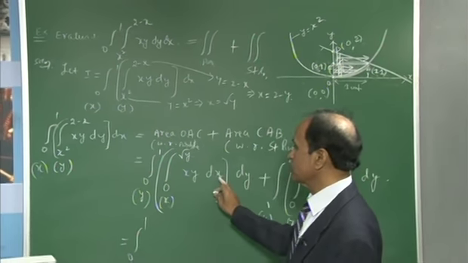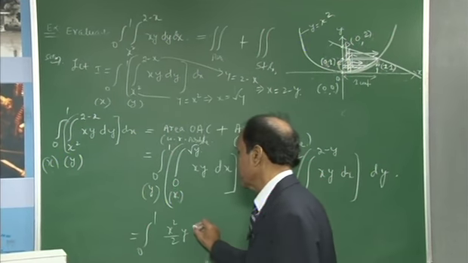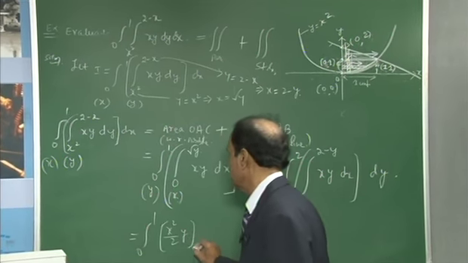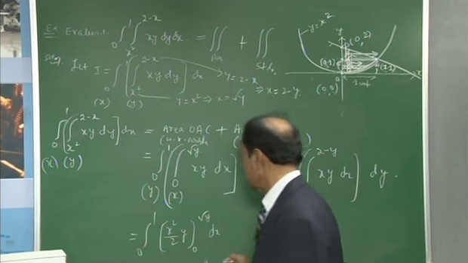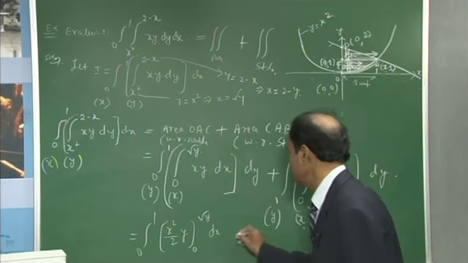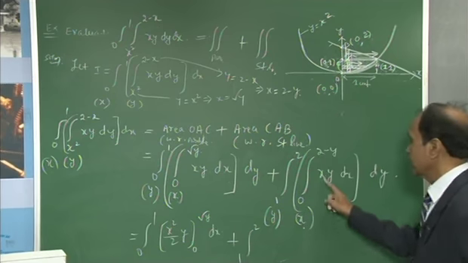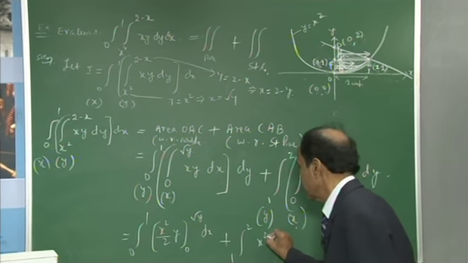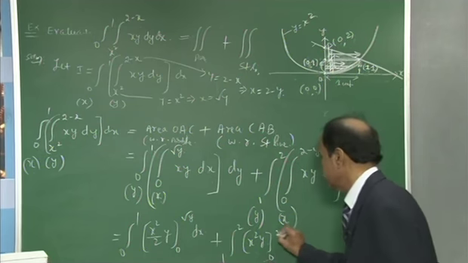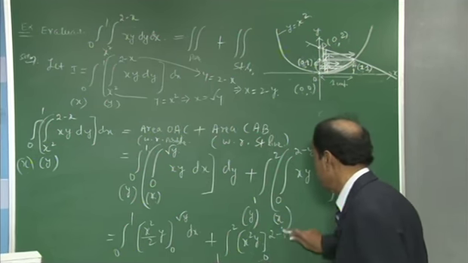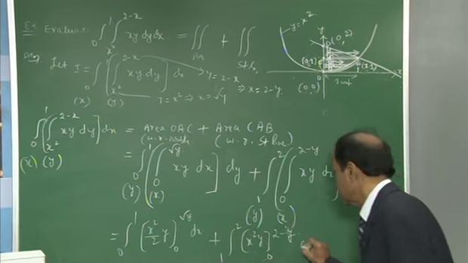Then with respect to x, you have to integrate x square by 2, y, and the limits are 0 to root y, and it is dx, plus 1 to 2, and with respect to x, x square y under the limits 0 to 2 minus y, it is dy.